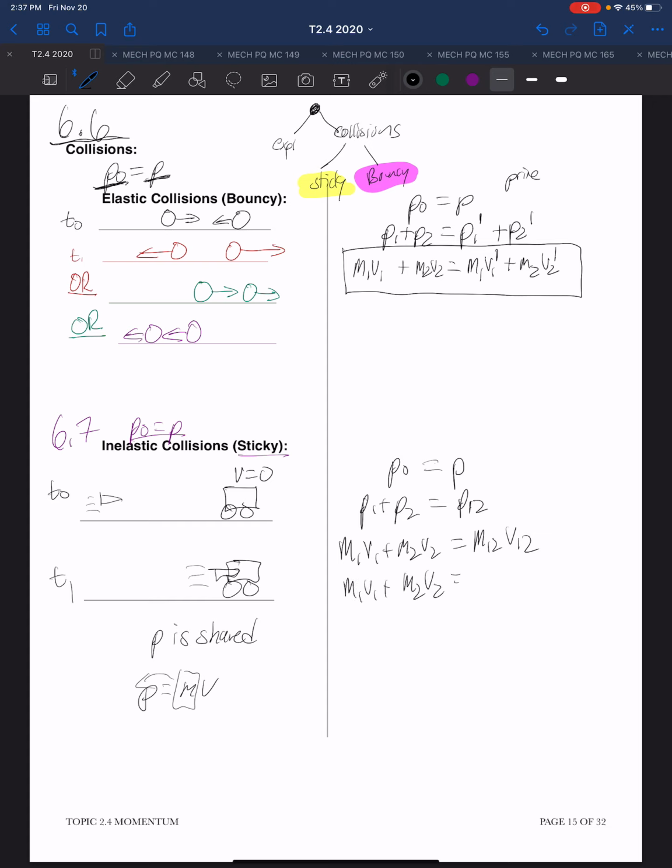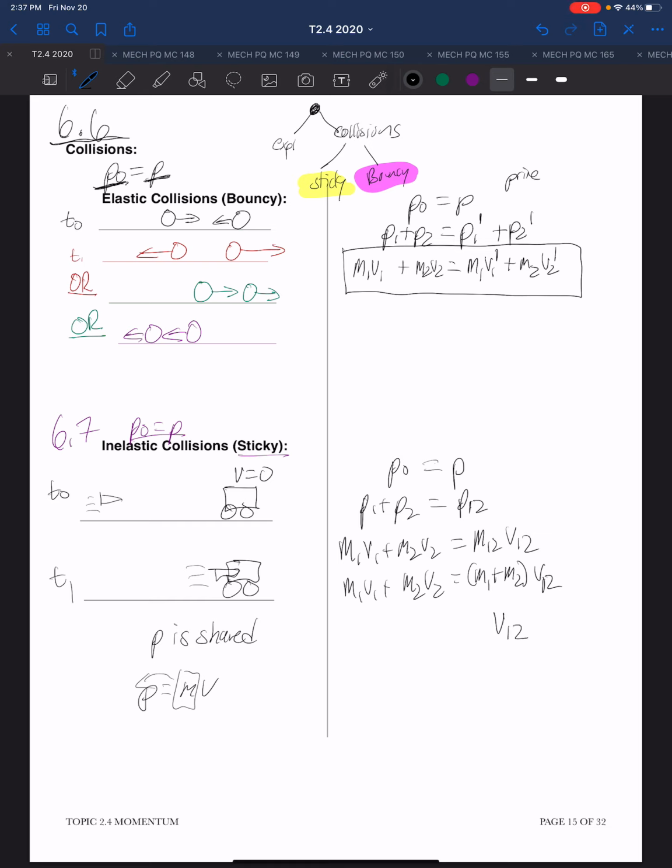But this m12 is really m1 plus m2. Or the v12, excuse me. So what we have now is this second particle has the combined mass. And that is the interesting property.